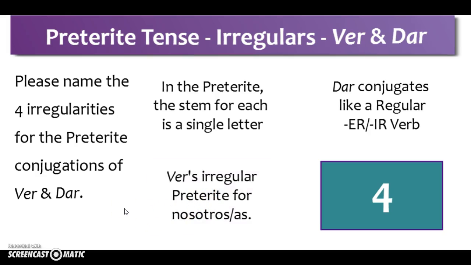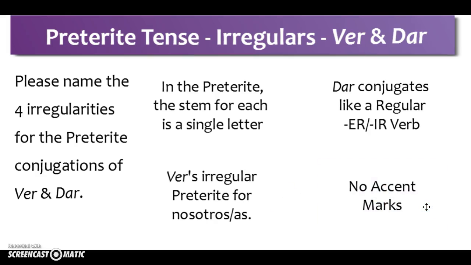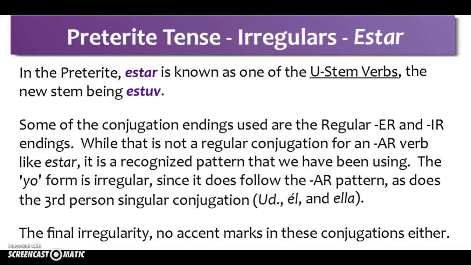Ver's irregular preterite for nosotros and nosotras doesn't follow the infinitive stem. It doesn't follow the ER ending of the verb. But like all other ER verbs in the preterite tense, it has an imos, I-M-O-S ending. And lastly, no accent marks. So that's 4 of the 5 verbs.